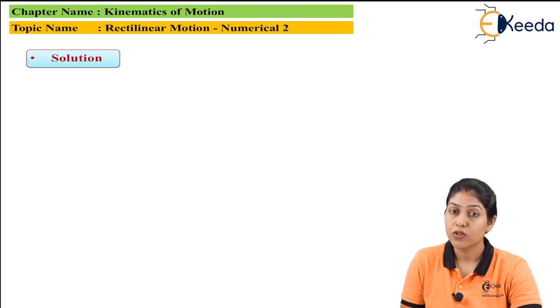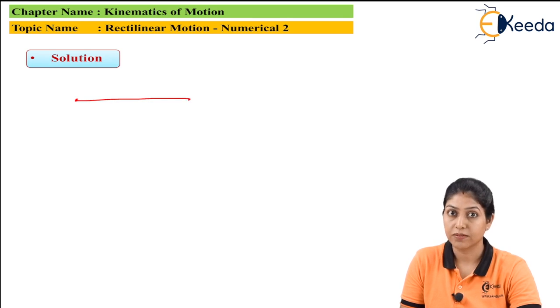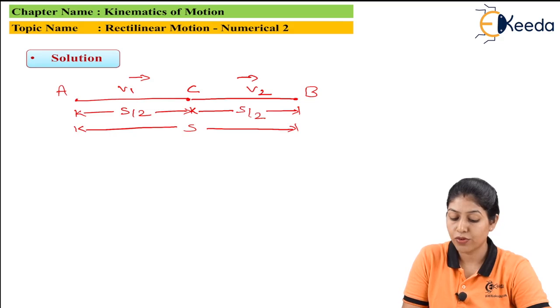Let's start the solution. This is our actual diagram: the car travels from A to B, and at the midpoint C, between A and C the velocity is V1, and between C and B the velocity is V2.